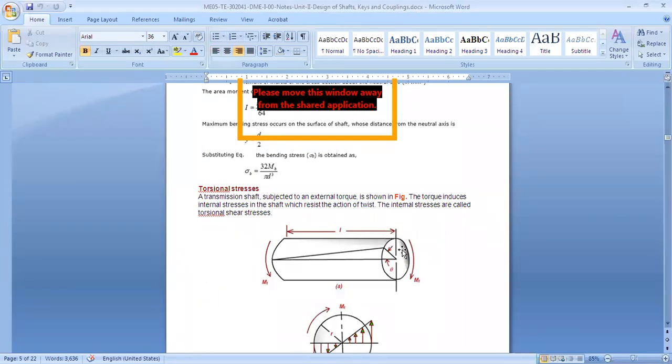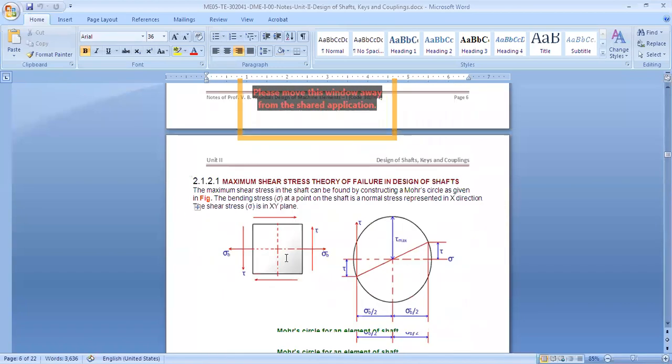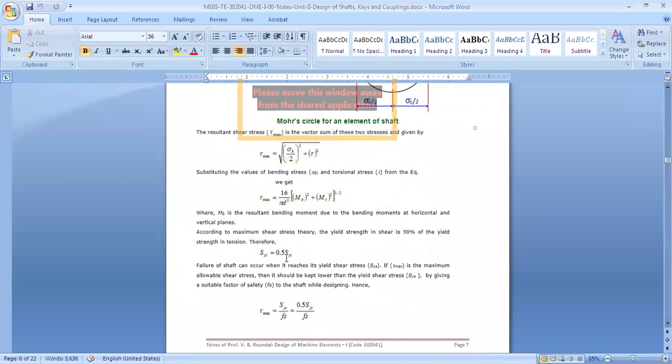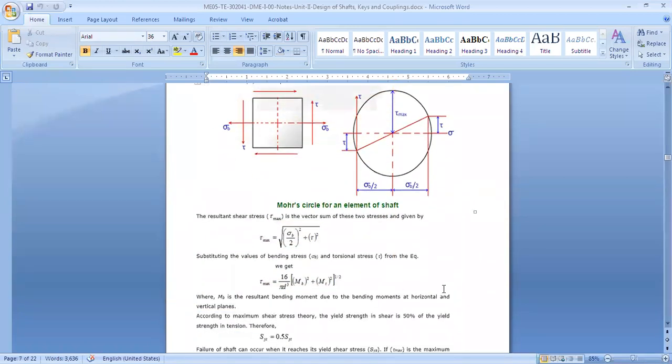It was a straightforward plain design where we used the formula for design of the shaft using the maximum shear stress theory. Here we use the formula tau max equals 16 upon pi d cube times the square root of Mb square plus Mt square.